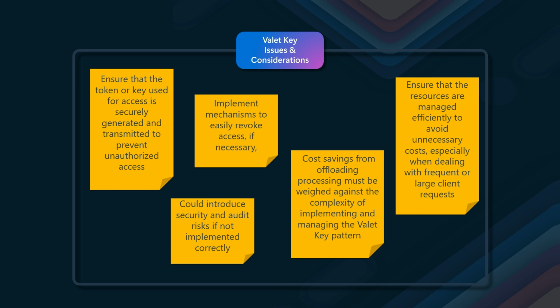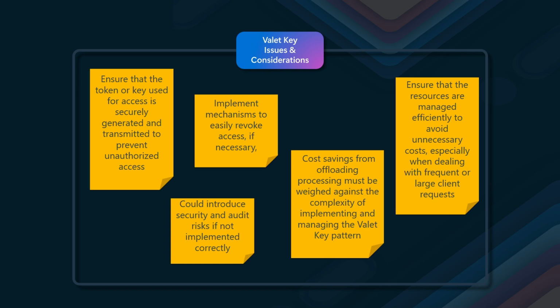Moreover, cost savings from offloading processing must be weighed against the complexity of implementing and managing the valet key pattern. While offloading can lead to significant cost reductions, the additional complexity in managing access keys and permissions must be carefully considered to ensure that it doesn't outweigh the benefits.